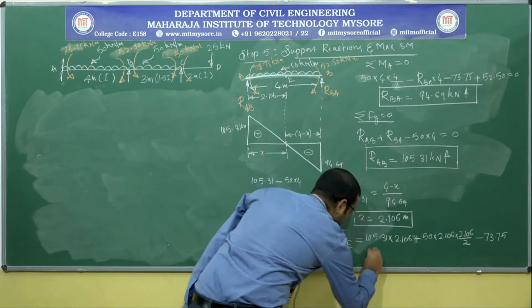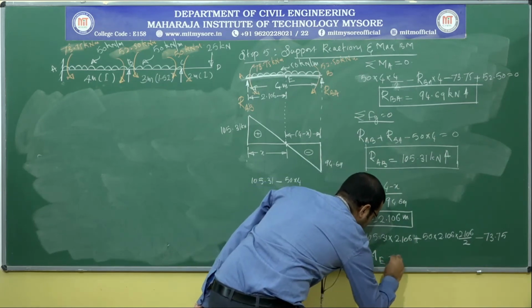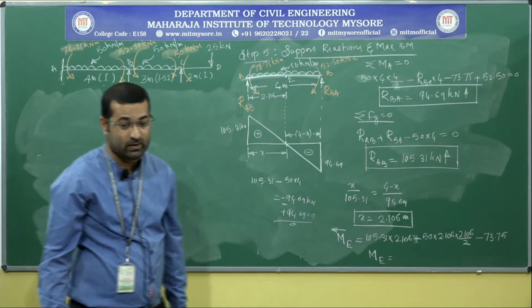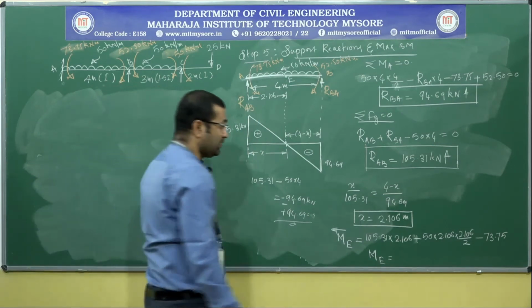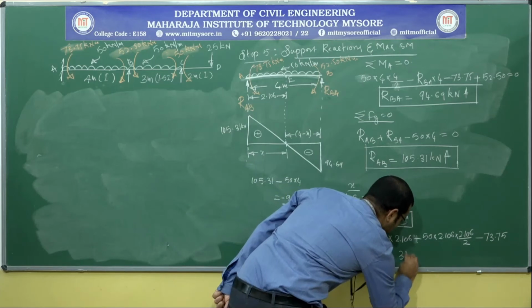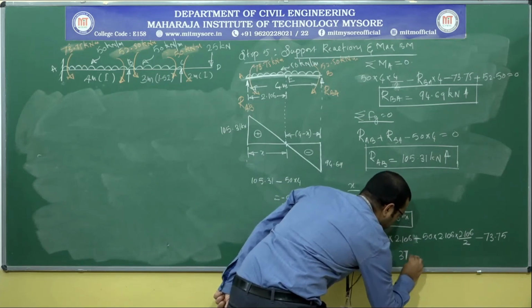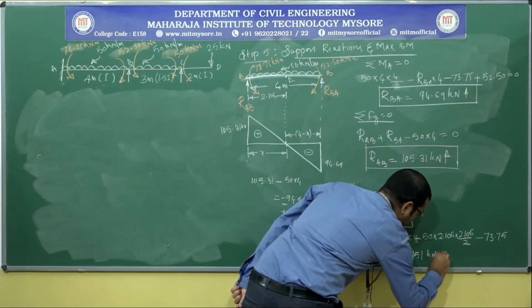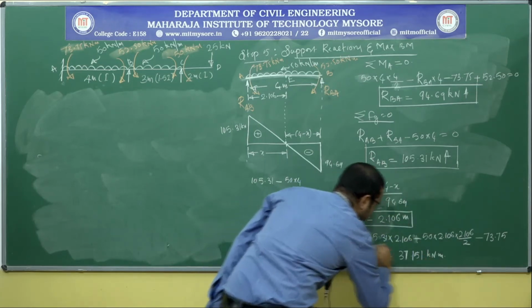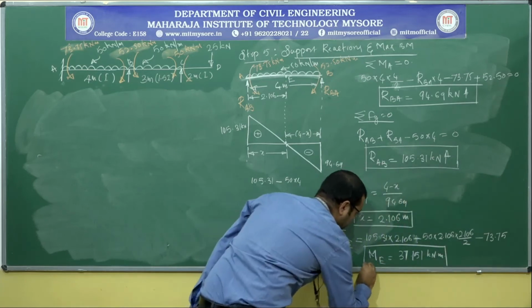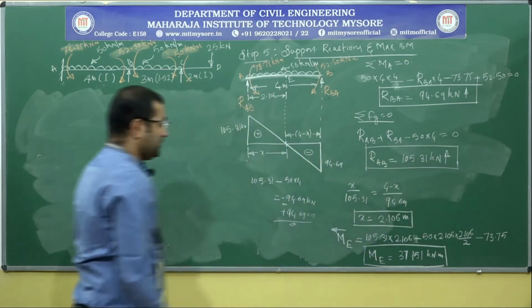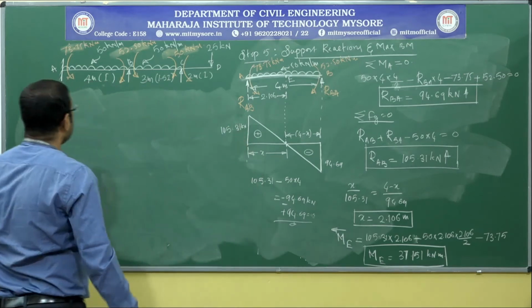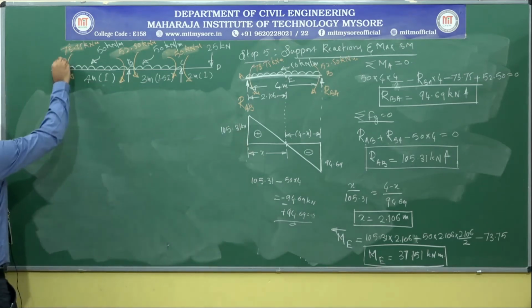So this gives me the bending moment at E, which is the maximum positive bending moment. It is about 37.151 kilonewton meter, right. So with the help of these values, we can draw the shear force and bending moment diagram. See here.